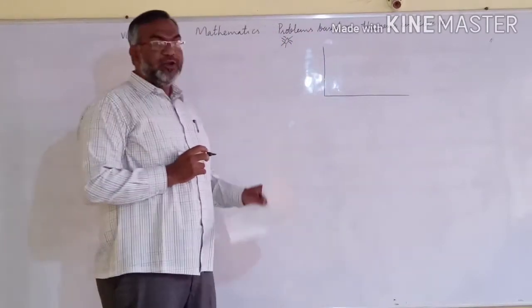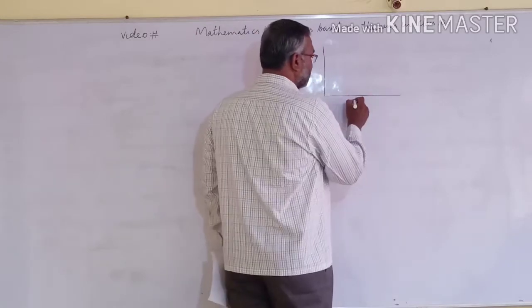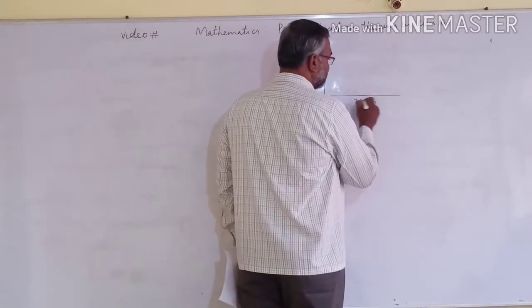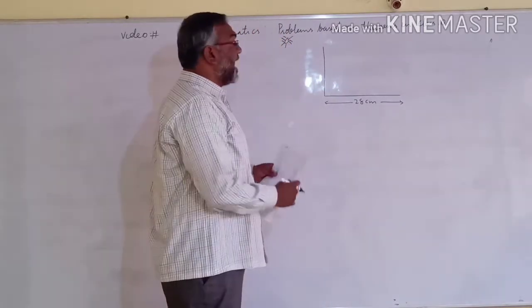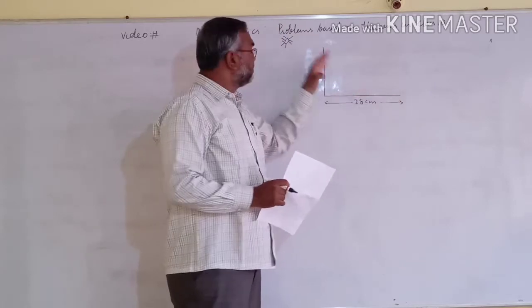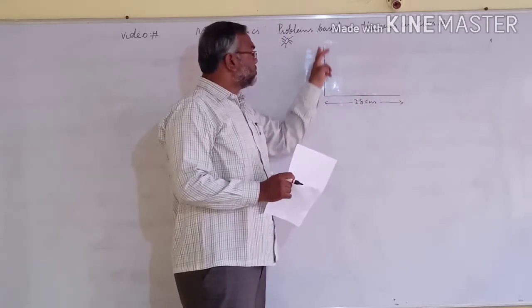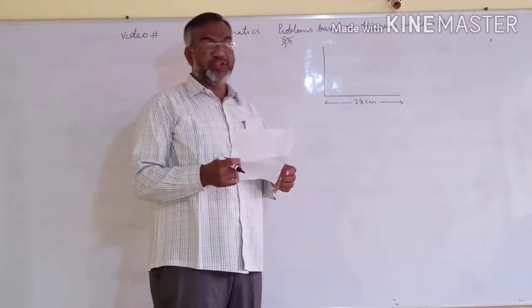The length of the shadow is 28 centimeters. This is the length of the shadow of the pole, because of the sun. So the tower has a 28 centimeter long shadow.